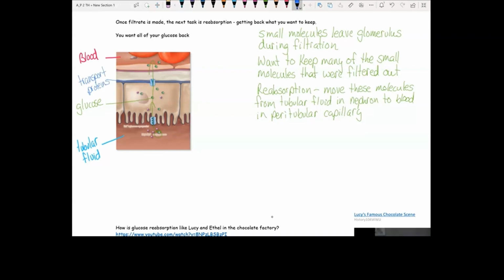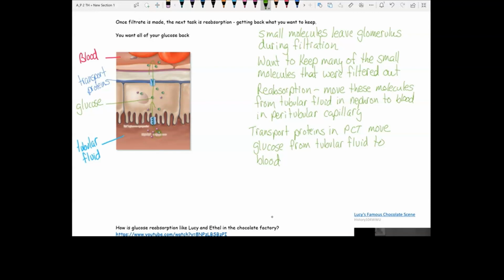So to reabsorb glucose, you have transport proteins in the proximal convoluted tubule that will move the glucose from the tubular fluid to the blood. Okay, so that's reabsorption.